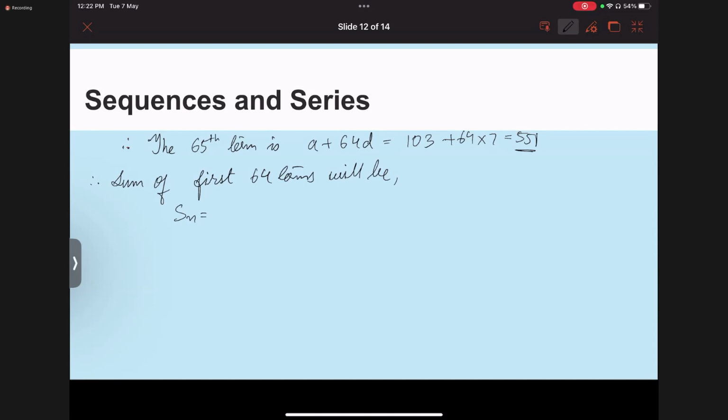So our n over here is 64. So 64 by 2, now you have 2a, where a is 103, and 63 multiplied by 7. And this eventually comes out to be 20704.